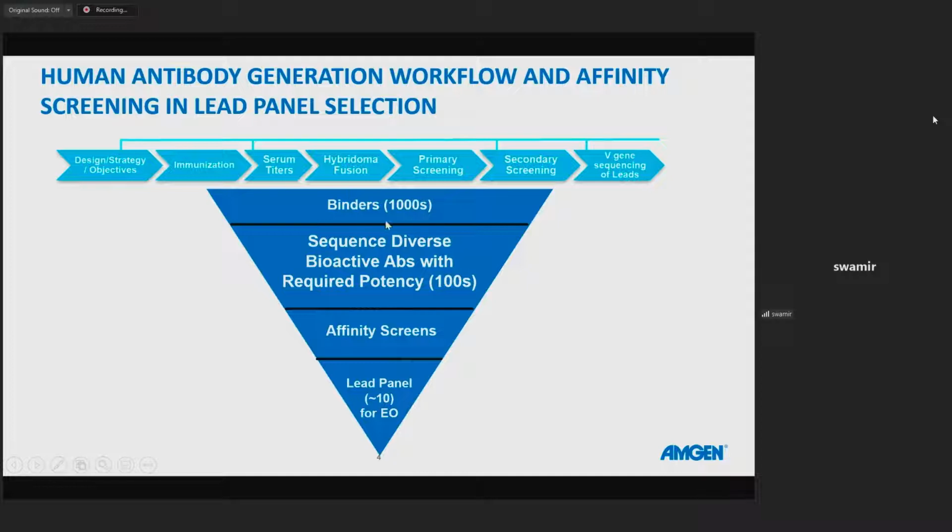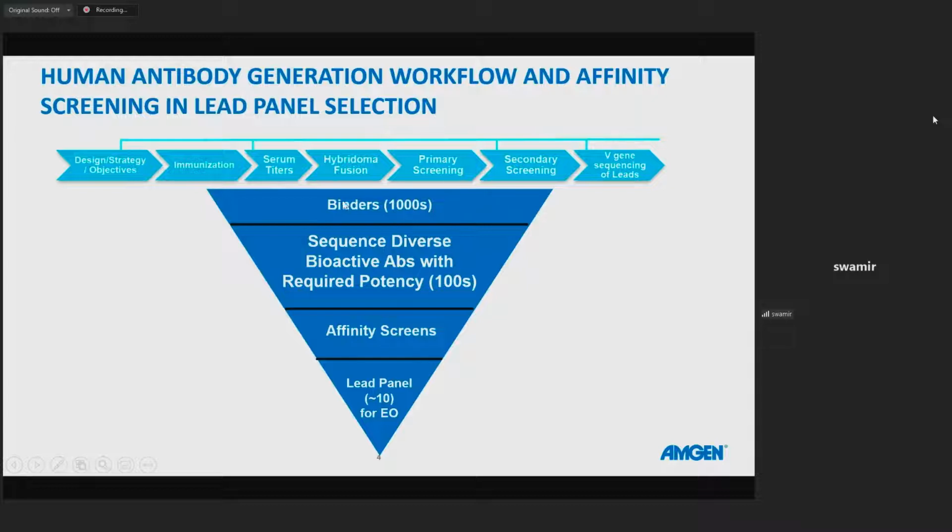We get from the hybridoma thousands of binders to the target, and from there we do some primary screening and secondary screening, and then sequencing of the leads.